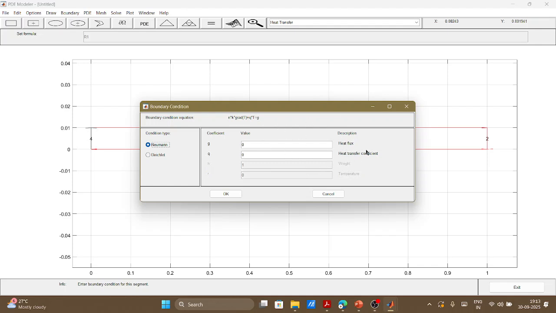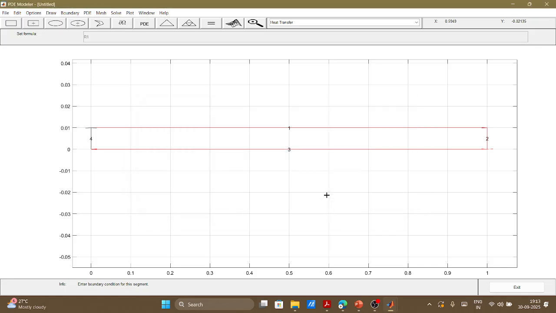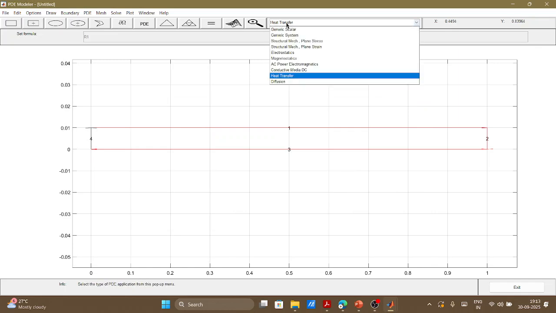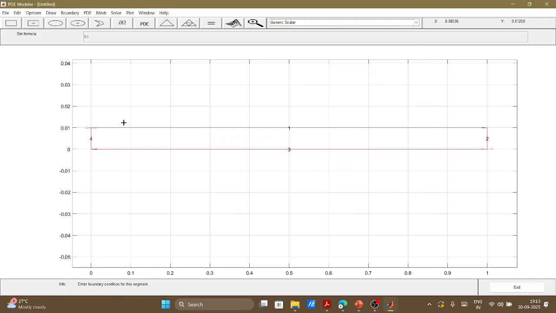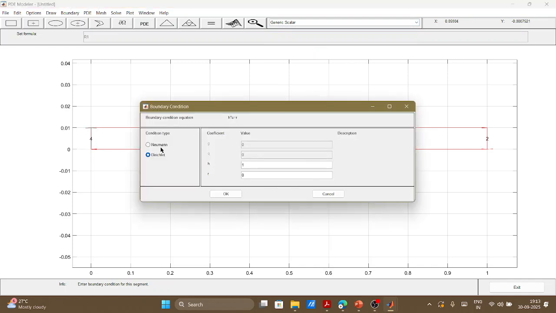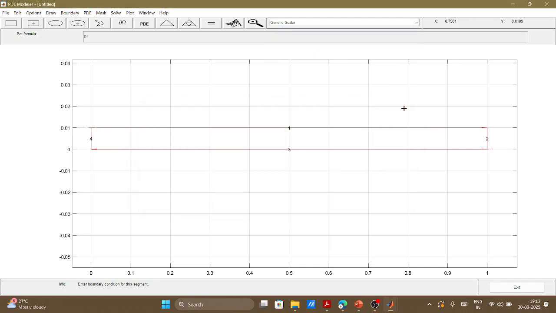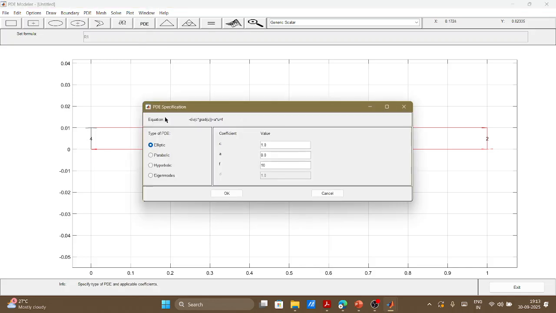Now you can see g and q written in terms of the heat flux, heat transfer coefficient, the ambient temperature value, etc. If I keep it as a generic scalar value and click on the boundary conditions, there is no description, right? So what MATLAB does is, based on your application, it provides the equation in those particular coefficients.